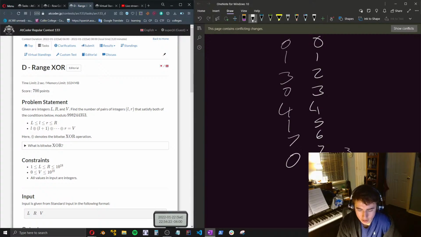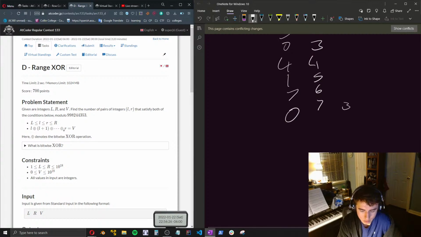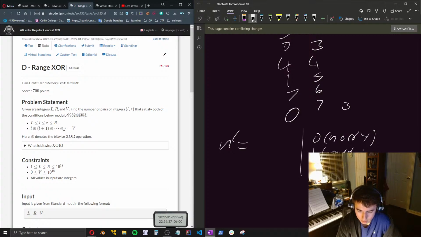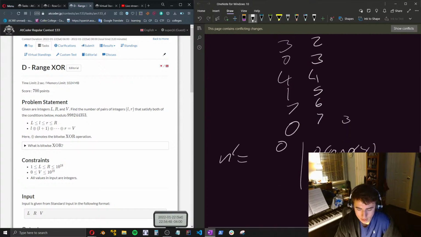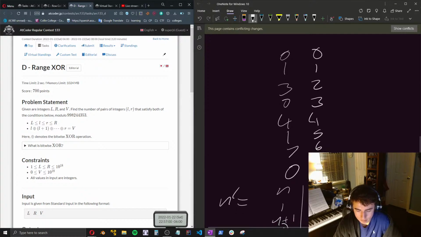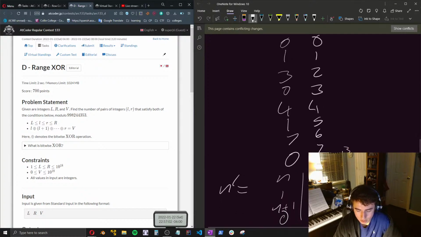It's itself plus 1, right? So n prime is equal to, for 0 mod 4, 1 mod 4, 2 mod 4, 3 mod 4: n, 1, n plus 1, and 0. I think this is right.